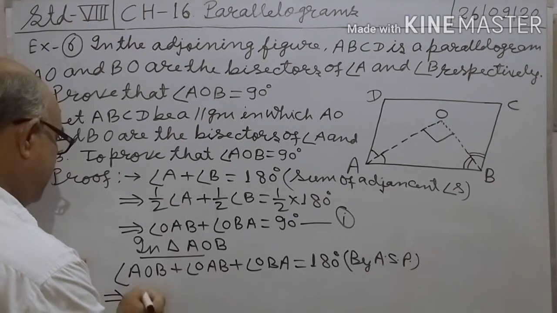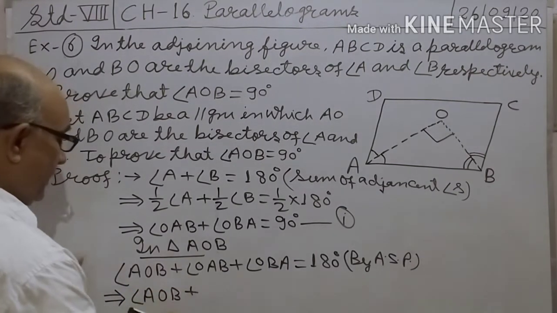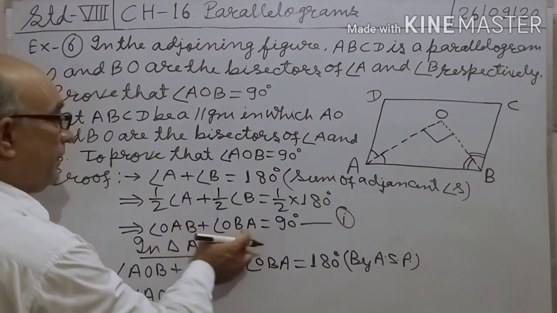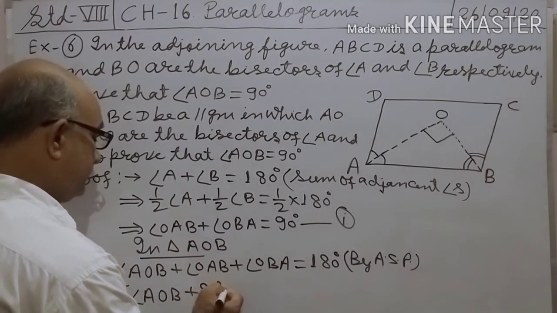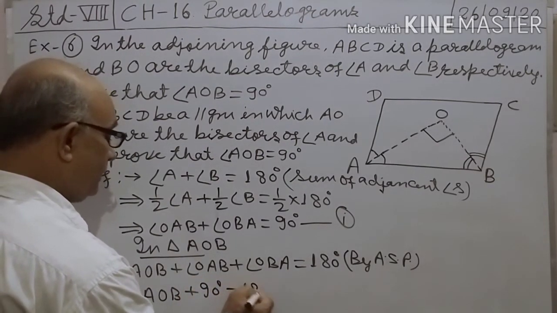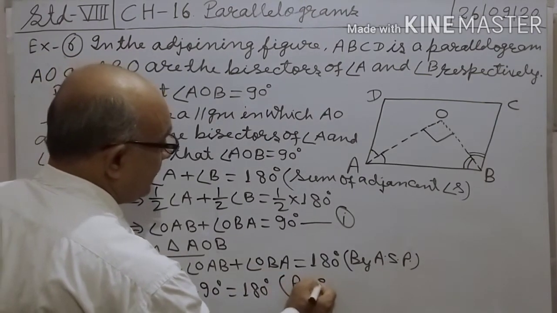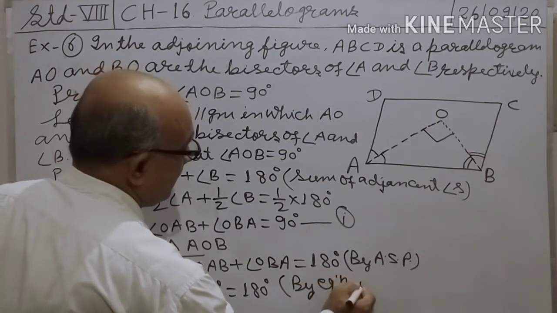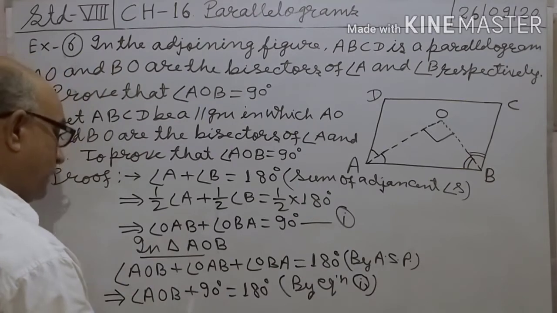That implies angle AOB plus 90 degree equal to 180 degree by equation 1.